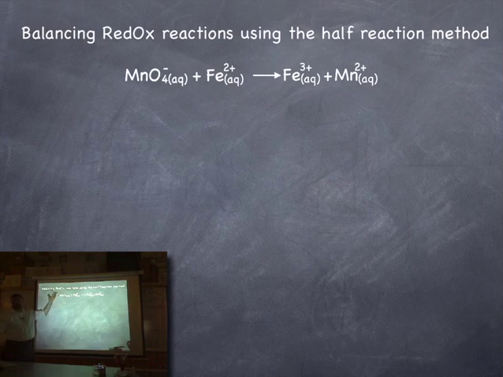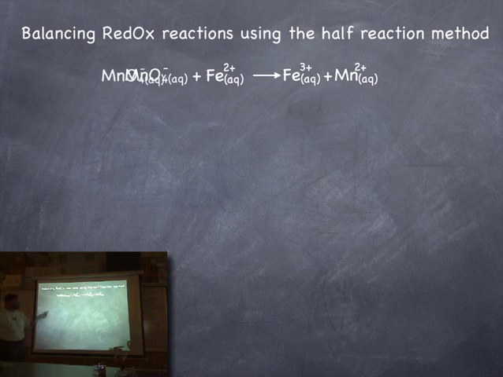These oxygens, where do they go? These reactions actually happen in aqueous solutions, which is important because that means we've got water floating around. And in fact, this one probably takes place in an acidic solution, which means we have hydrogens floating around. So there's a process that we can follow to fill in these missing blanks, what we call the half reaction method, where we break this thing apart into the two halves.